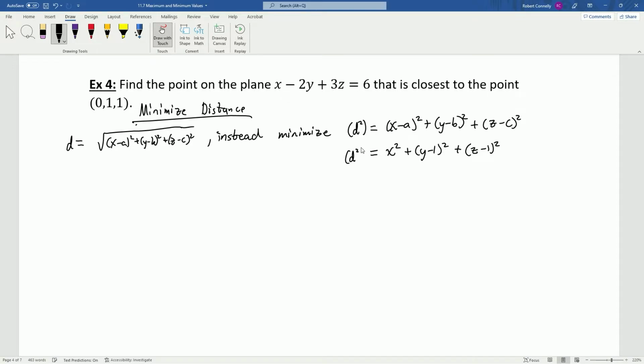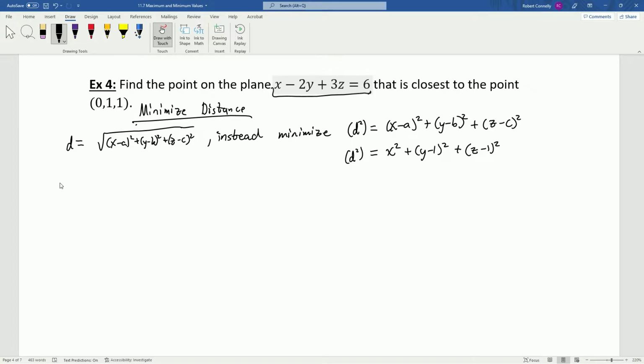But this is also a problem because we have 3 variables here, and our approach relies on having 2 variables. Whatever will we do? Well, we do have a constraint, right? That's the key piece of information we can get from this equation from the plane. So we can rewrite this as z equals and substitute in place of z. So let's go ahead and do that.